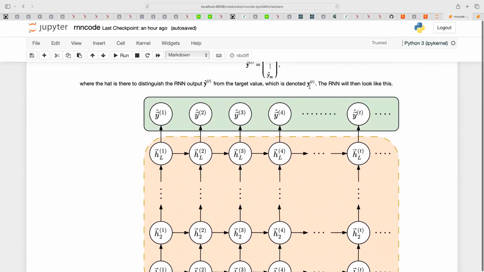But you can also have this many-to-1, so you have only one final output at the last output layer. This is very beneficial in case you have a series of measurements where you observe the position of a car or velocity of an object, or you measure the temperature and then report the temperature at different days, and then you want to make a prediction on how temperature evolves.